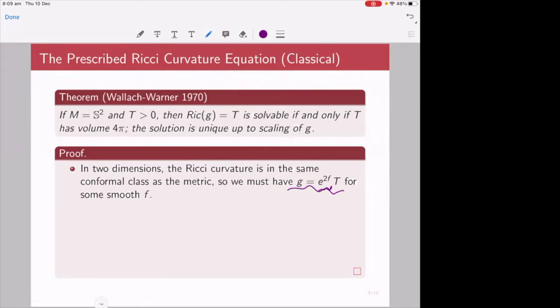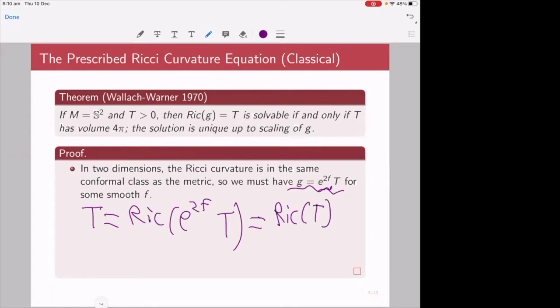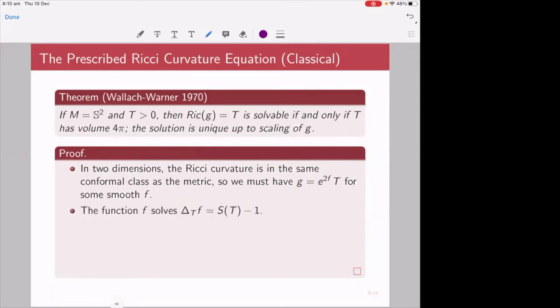The problem then becomes, t equals the Ricci curvature of e to the 2f times t. We can use our well-known formula for what happens when you take the Ricci curvature of a conformal metric. This is equal to the original Ricci curvature of t plus some terms. Those additional terms are quite simple if you're in 2 dimensions. And what you end up with is this equation here.